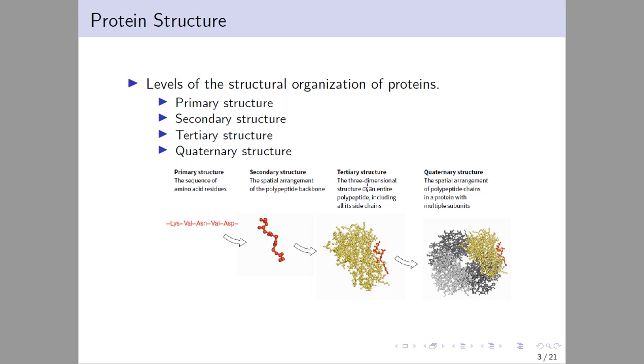And then the tertiary structure, adding to this part, we get a three-dimensional structure of the entire polypeptide, the side chains. Then the quaternary structure: these are one polypeptide, this one protein, this one protein, combined, making the protein.